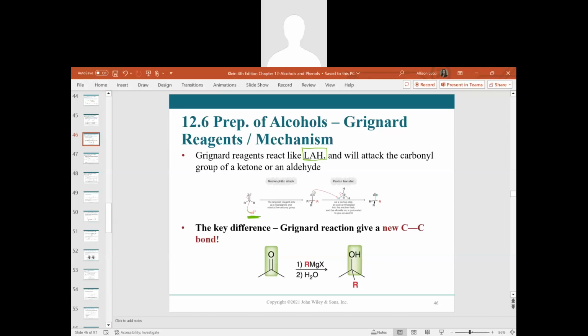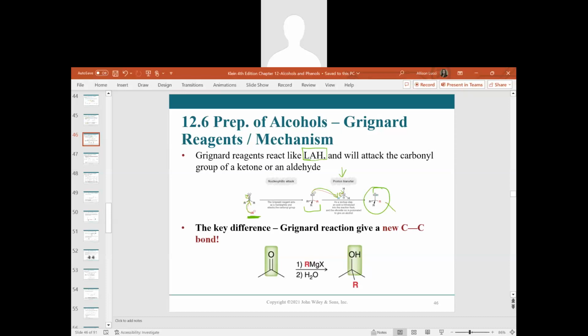So that carbanion-like carbon comes in, attacks the carbonyl, and then we form this intermediate alkoxide ion. Then again, just like the LAH mechanism and sodium borohydride, we have a final workup step where, in this case, we have our acid, our proton source, right? We see a proton transfer happen in these two curved arrows, and then our final alcohol product.